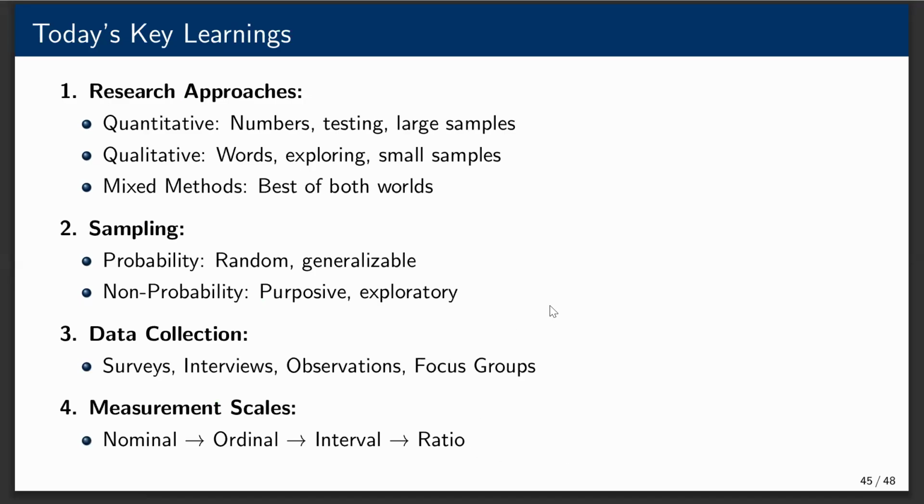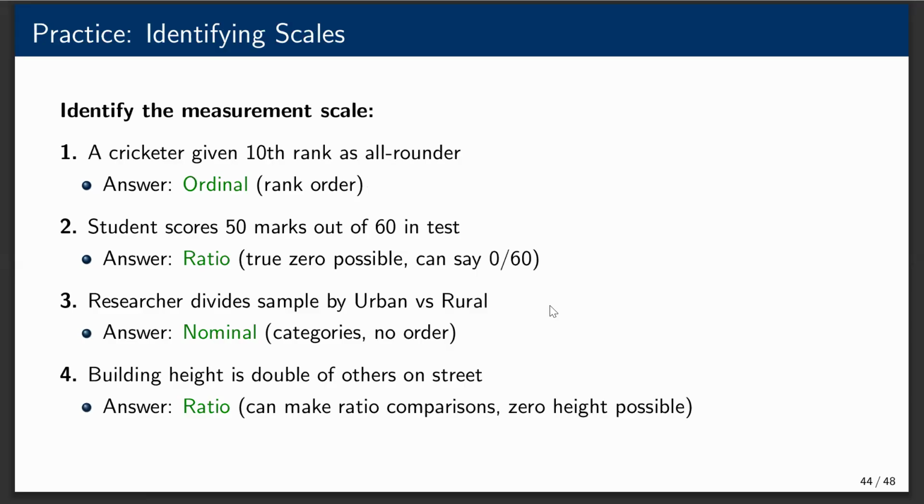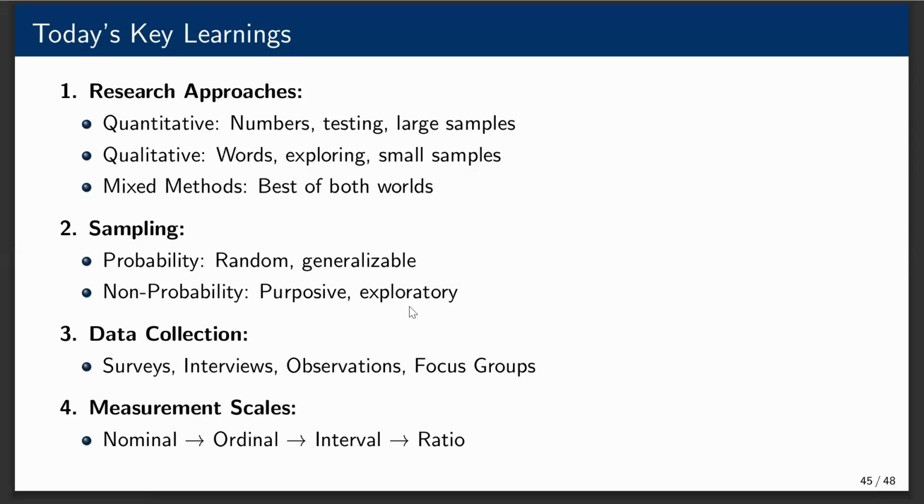First of all, let me tell you, the practice questions are just tentative ones; we will be doing in-depth discussion based on the real questions after we discuss the theories. So what did we learn today? We learned different research approaches, quantitative and qualitative. In quantitative, we discussed numbers, testing large samples. In qualitative, we discussed exploring small samples.